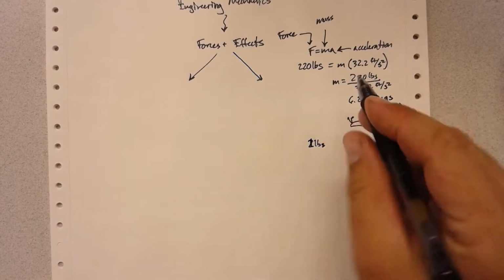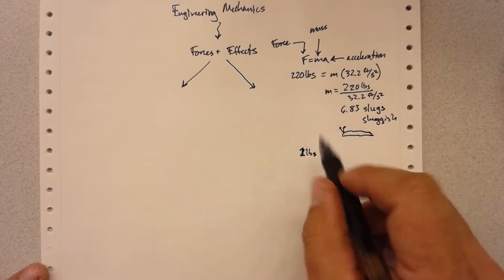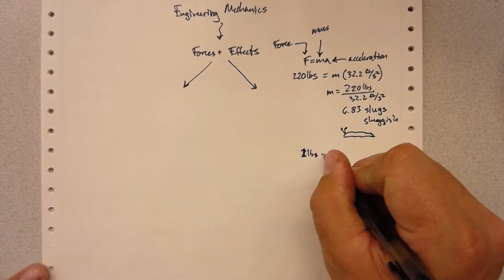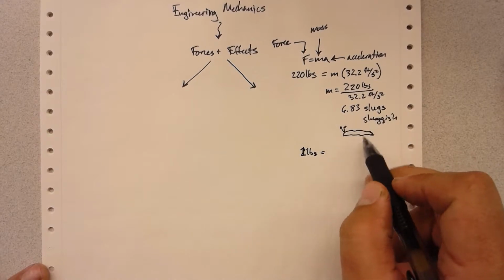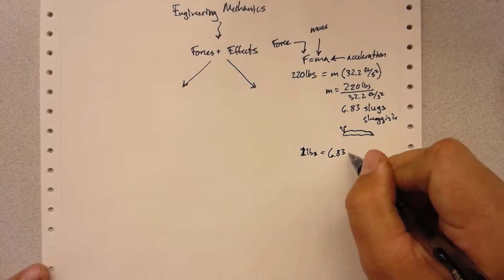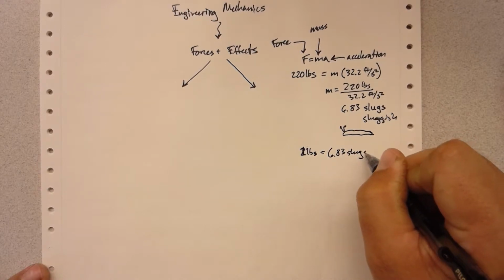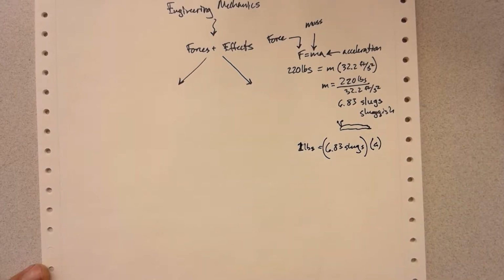So according to Newton's second law, F equals ma, that 1 pound of force acting on my sluggish mass of 6.83 slugs will result in some acceleration.